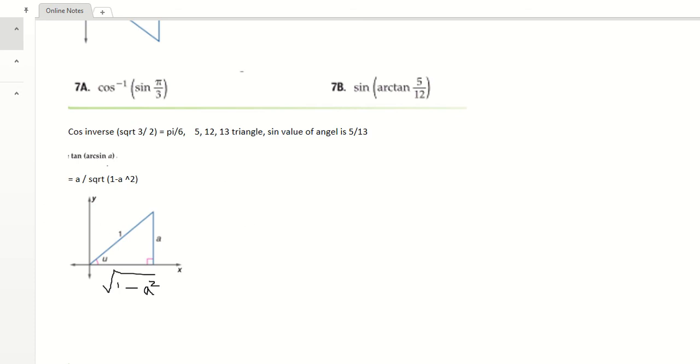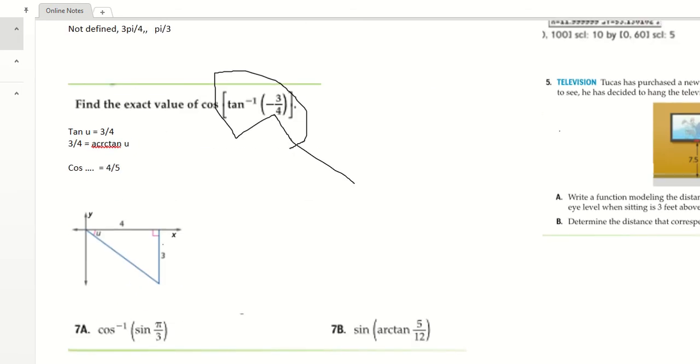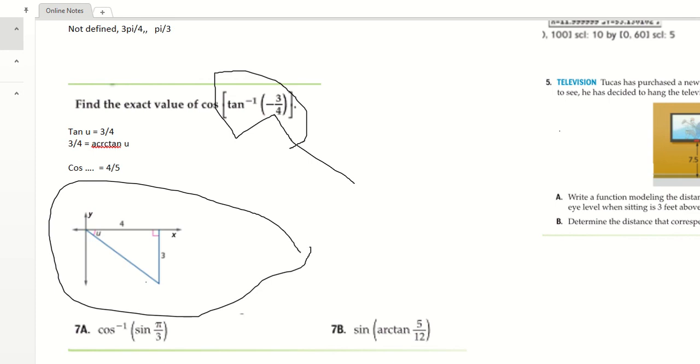The triangle could have a hypotenuse of 1, just like a unit circle, or they can scale it, it doesn't matter. Like here, this scale doesn't matter. You could still divide everything by 5 and you're going to have a unit circle here.